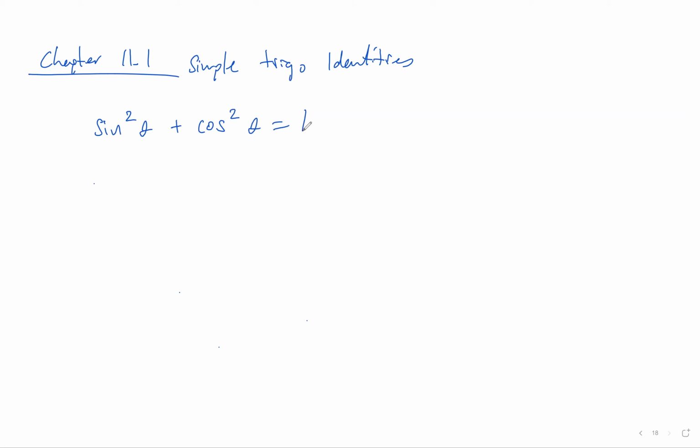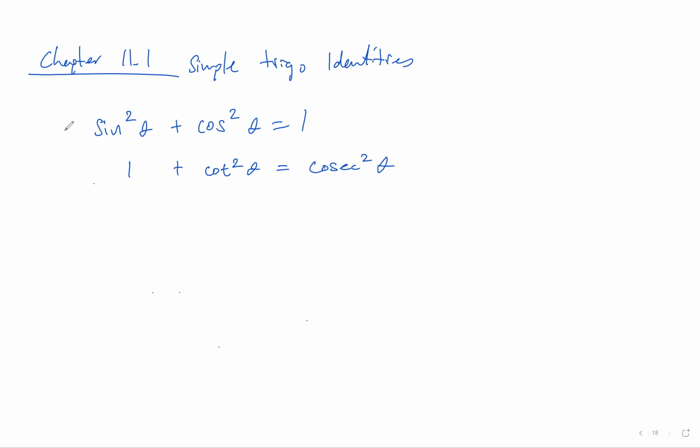So the more you do this, the more you remember. If I divide this by sine squared theta throughout, then I get 1 plus cotangent squared theta equal to cosecant squared theta.